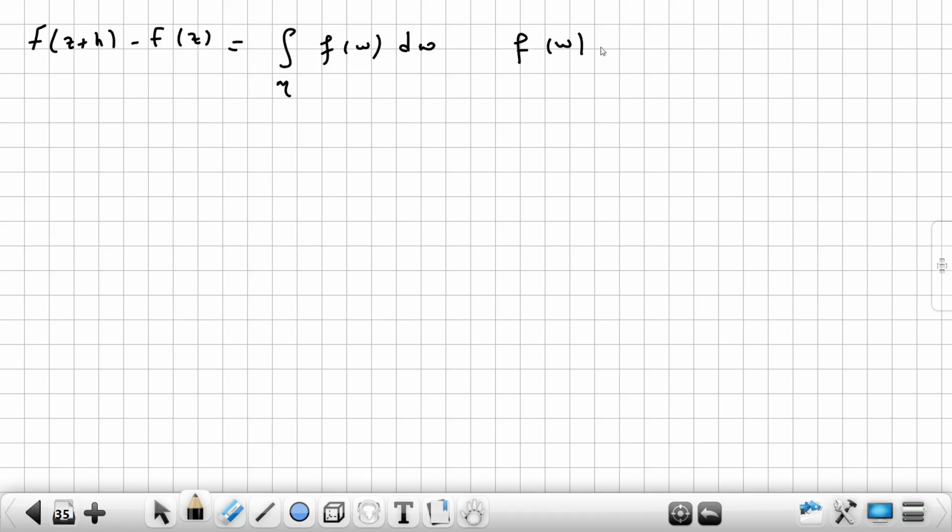And f of w can be written, since f is continuous, as f of z plus psi of w, where psi of w tends to 0 as h tends to 0.